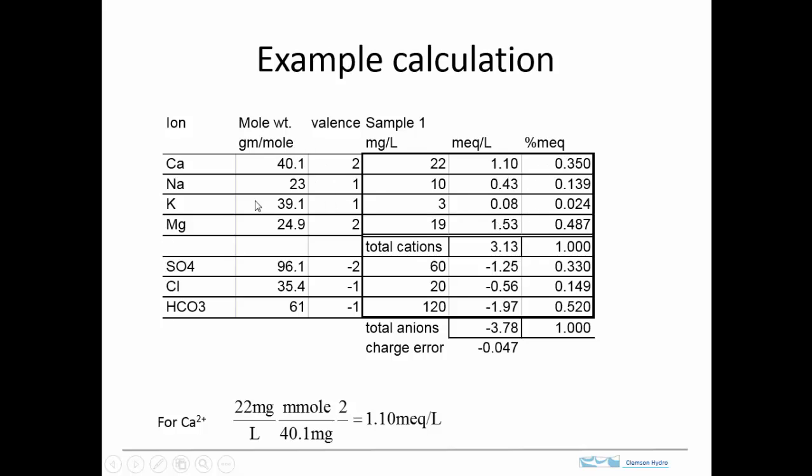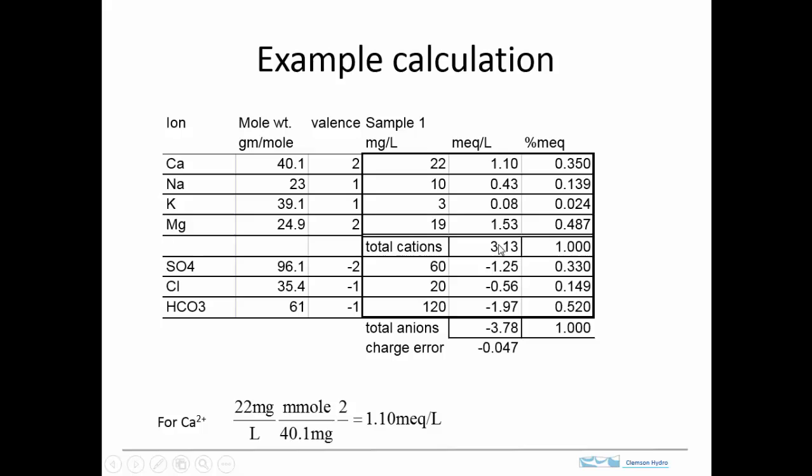So the procedure is you take the concentration here, and here's the valence, the molecular weight, and then you calculate the milliequivalents as this concentration divided by the molecular weight times the valence. So this is just a little formula written in Excel. And you add them all up.